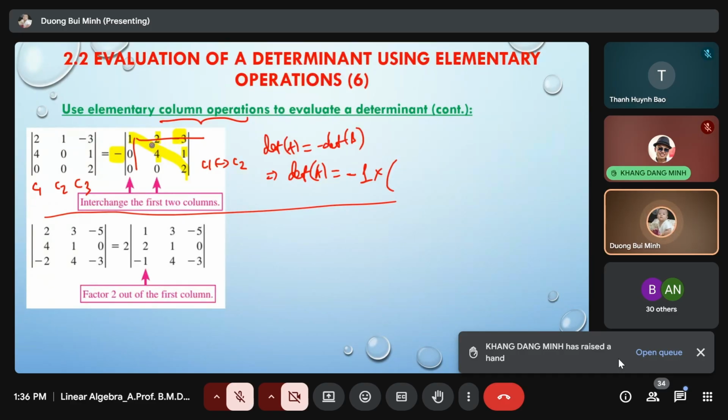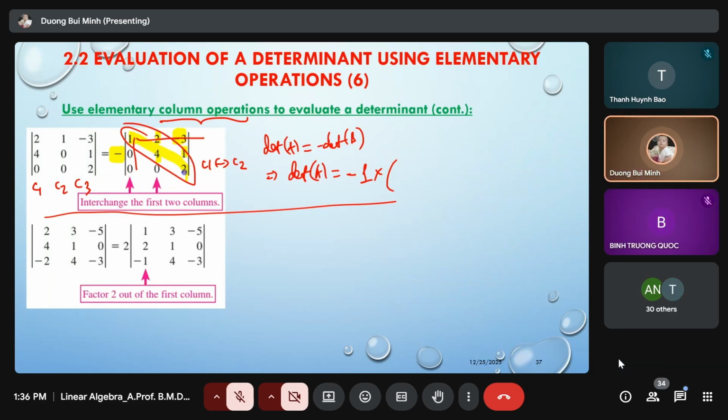Or you can take the diagonal elements and take the product. You get the result also. You have many ways, it's up to you. So here you can get A minus 0, so you get minus A.